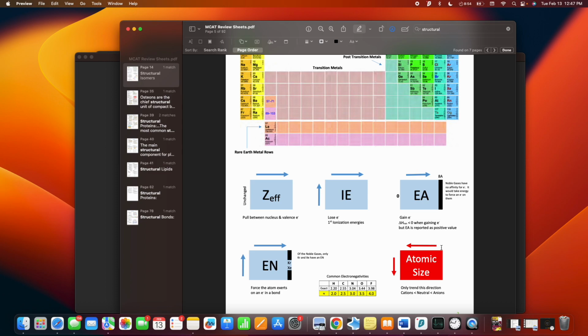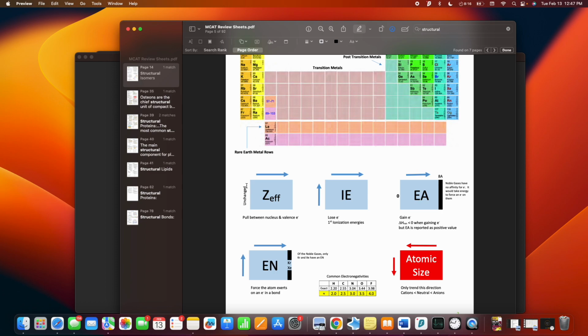So all the other attributes of the periodic table, such as ionization energy, electronegativity, and electron affinity, which is the only one that is 0 for noble gases, and also Zeff, the pull between the nucleus and the valence electrons, are unchanged when you go up and down in the periodic table.